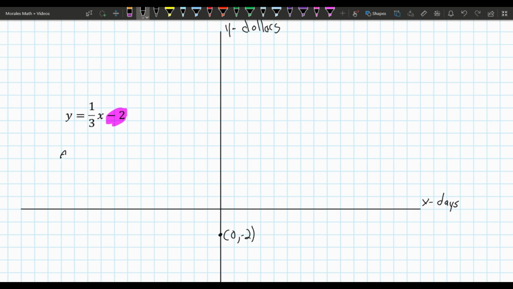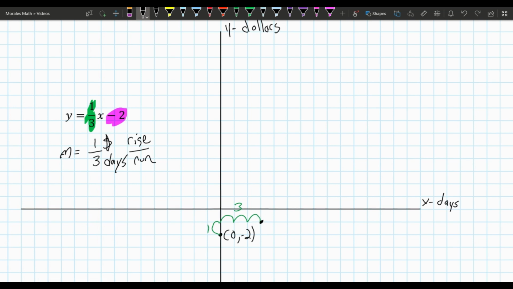But this person's business happens to be working for them. So again, if you look at that 1/3 there, that really means I gain $1 every 3 days. Okay, so slope is measured in rise over run. So I go up 1. I go up 1 over 3. 1, 2, 3. Okay, and I plot my next point.